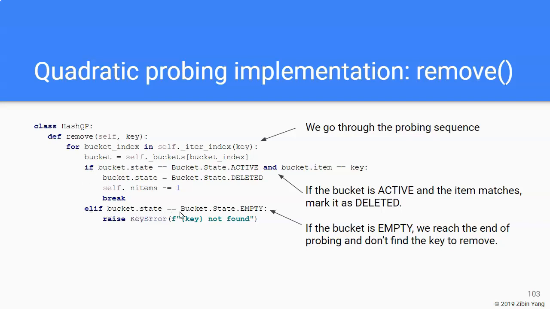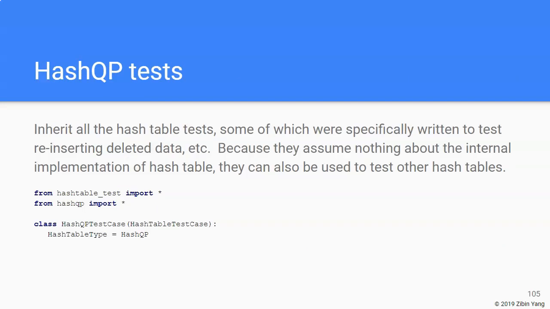If, on the other hand, the bucket that we run into is an empty bucket, then we can terminate our probing sequence because we just did not find the key. Now that we've completed the three methods, insert, contains, and remove, we can do a fair amount of testing.